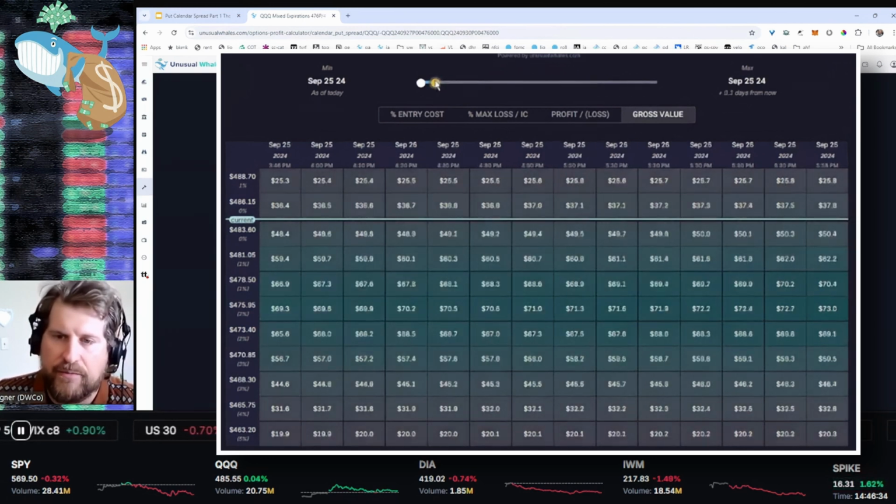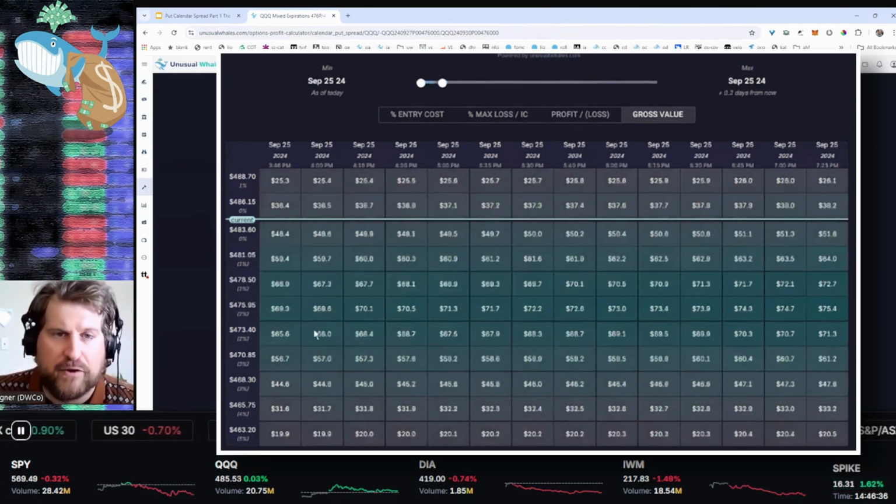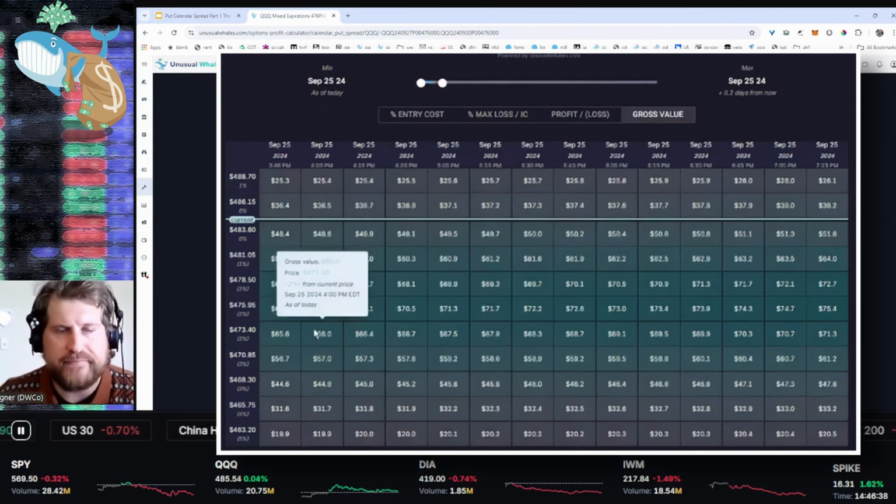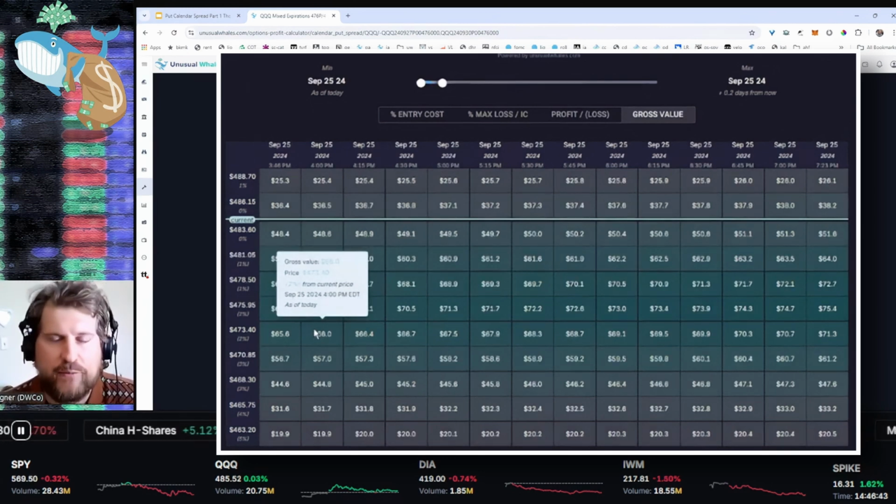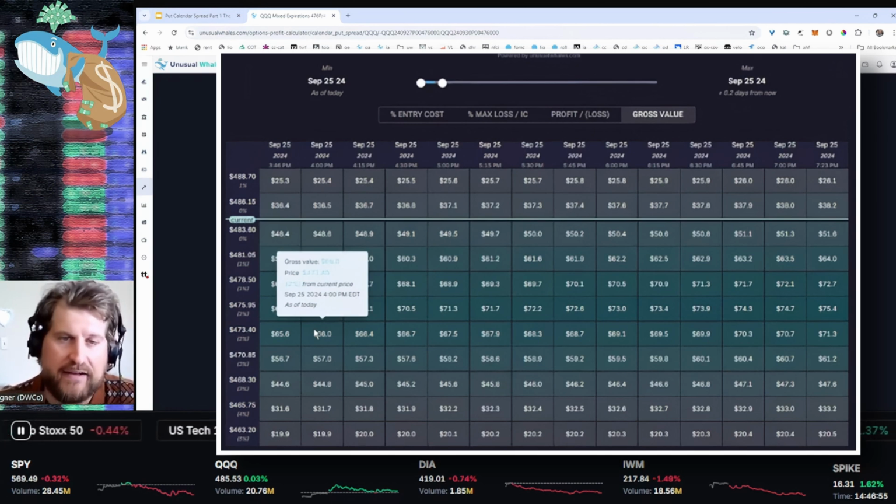So right when you put the trade on, if your model tells you that price is going to move on QQQ in this example, but it's going to move instantly, then a calendar is not a good way to express that idea.